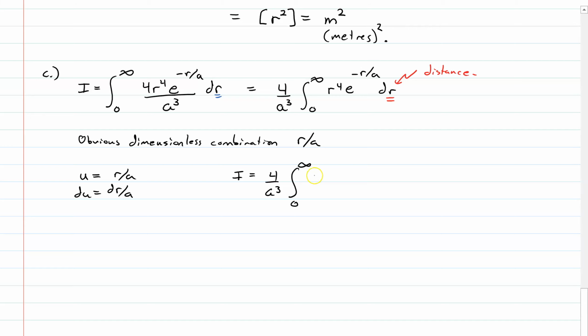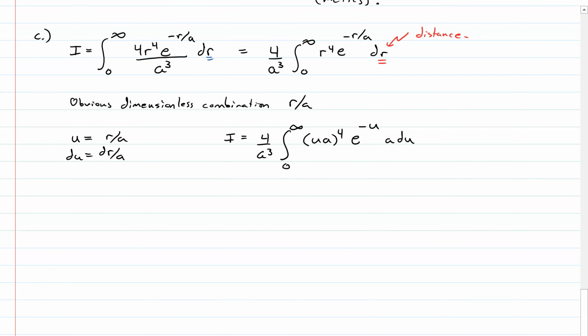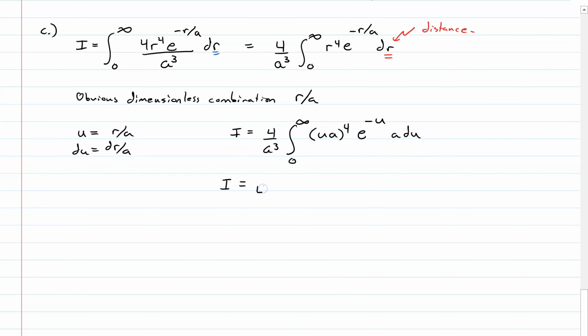Okay, now r to the 4th is going to be u times a to the 4th, e to the minus u, and dr is a times du. Okay. Let's count everything up. Now the new integration variable is u, so everything that doesn't depend on u comes out front. 4 over a cubed.